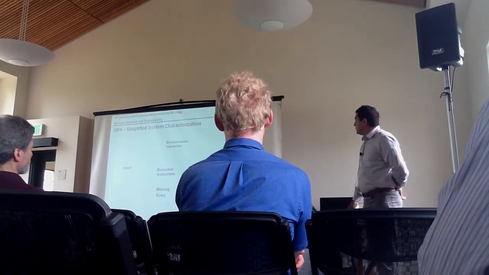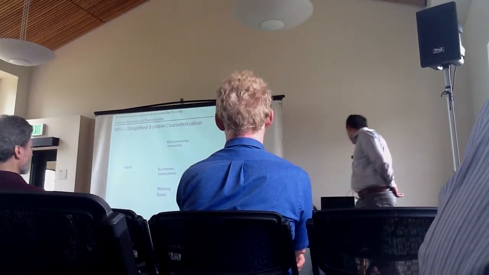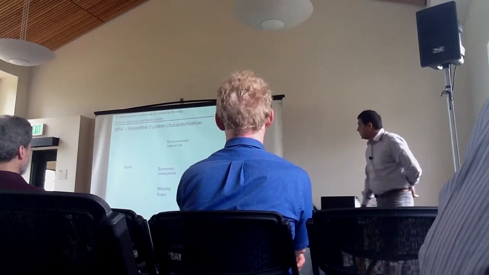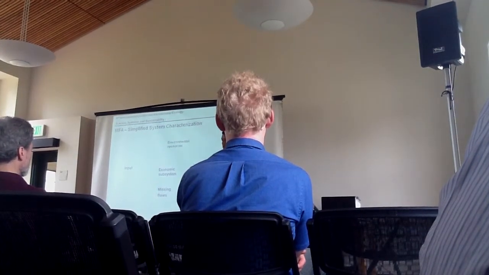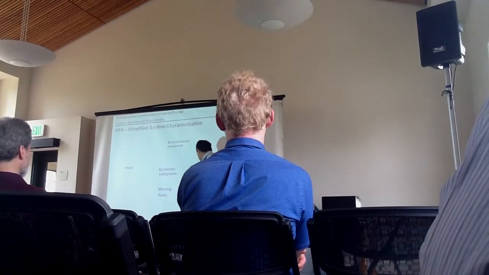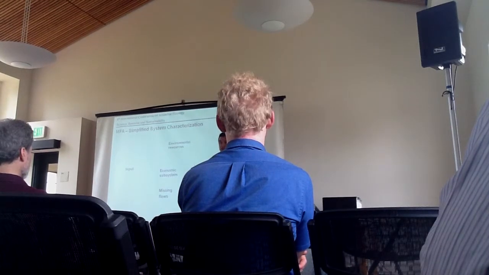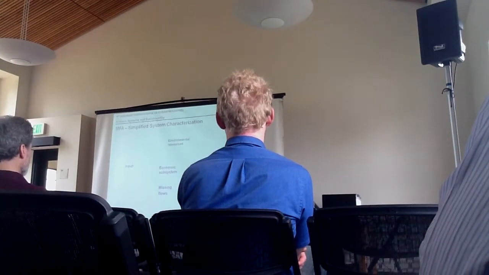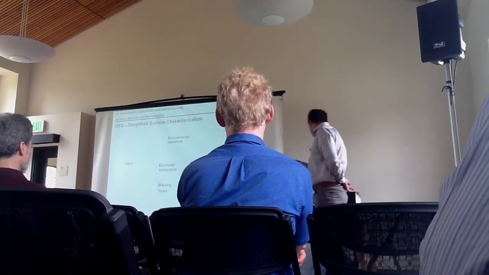Okay. I built this, well, I don't think the images are good here, but we have the inputs here, which are the economic system, and the output, usually the economic output, but the missing flows under this territory are not being considered into decision making, at least in the case that I'm going to show you right now.